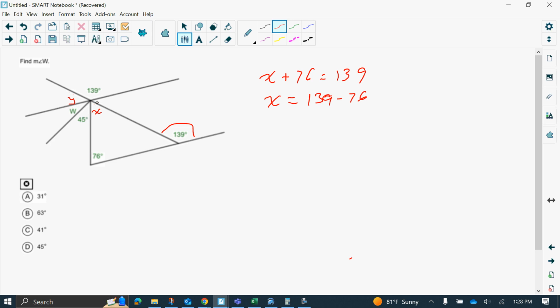Now, these angles make a linear pair, so that means y plus 139 equals 180, or y equals 180 minus 139.